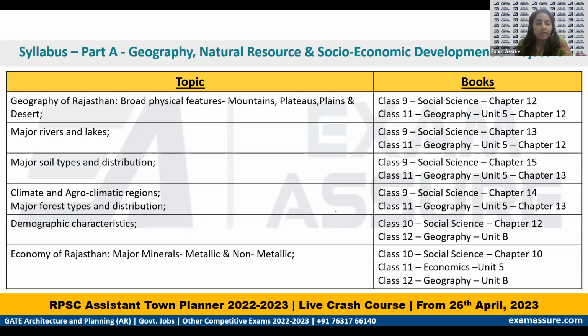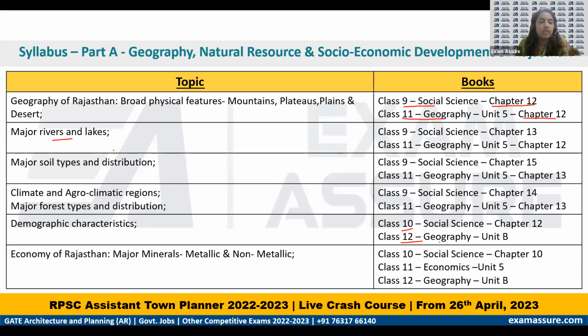Same goes for the geography part in part A: the class 9 social science book, class 11 geography book, class 10 social science and class 12 geography book. These 4 textbooks are more than enough. And again, you do not need to read from end to end. We've also given chapter wise details of which chapter can be referred to for which topic, in so much detail.